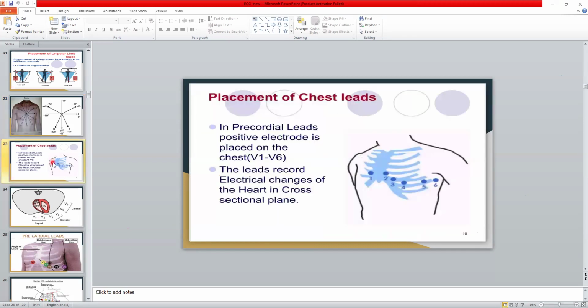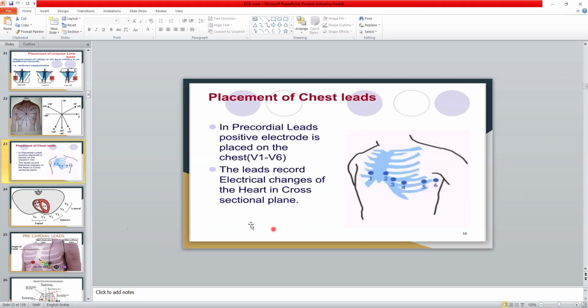Coming to the precordial leads, there are 6 precordial leads: V1, V2, V3, V4, V5 and V6. These precordial leads have the positive electrode which is placed on the chest in different positions.